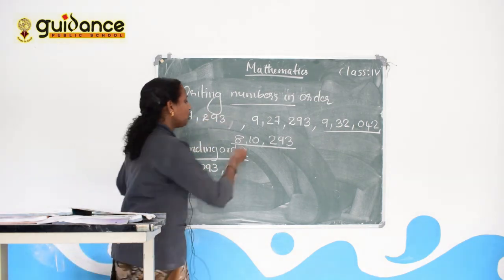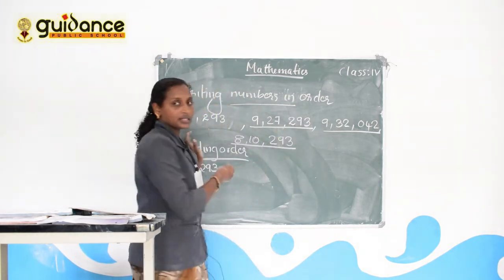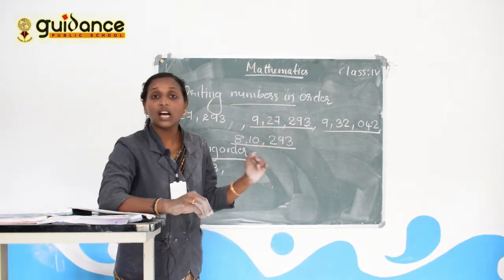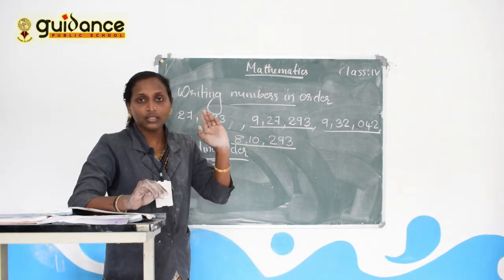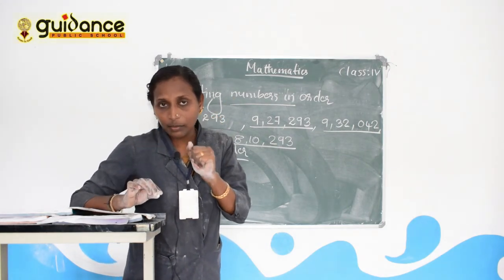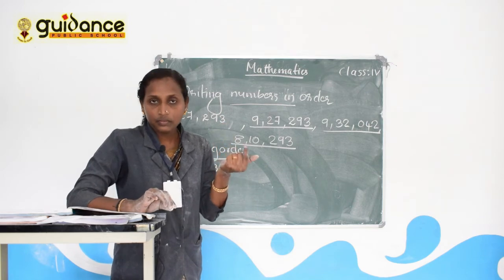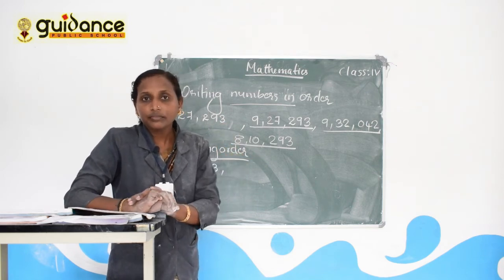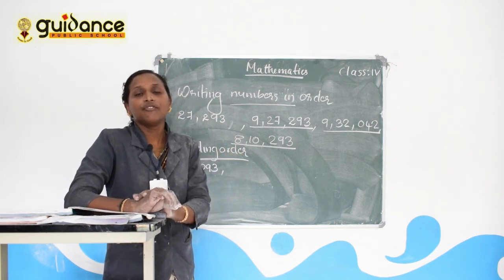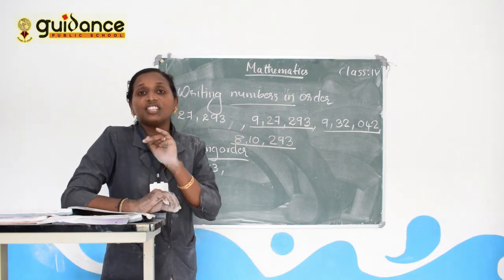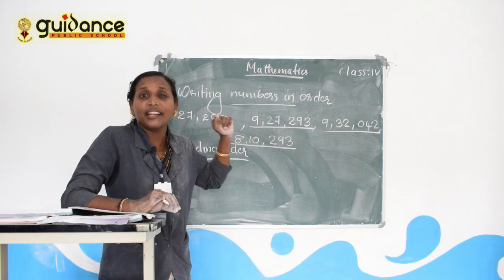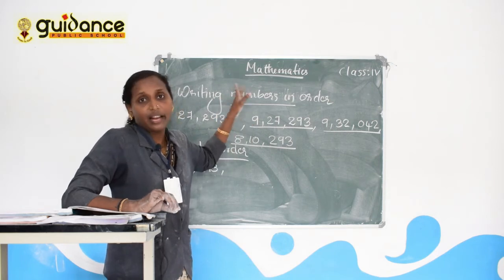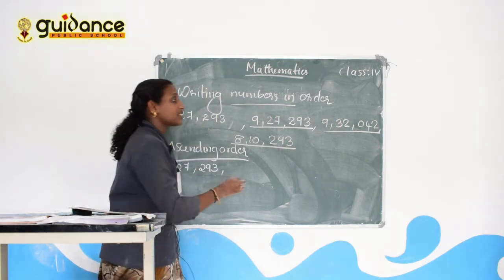So next we have to look at the three numbers. All three numbers are 6-digit numbers. So next we compare the numbers with equal digits. We compare each digit starting from the extreme left. So what is the extreme left?